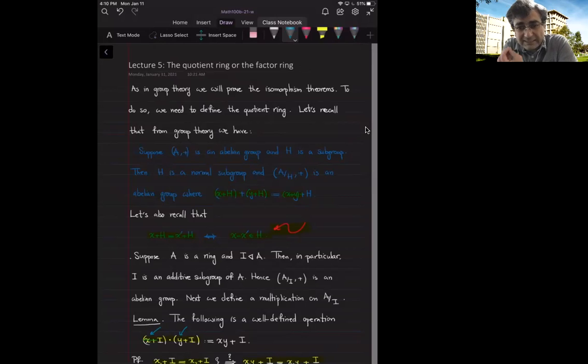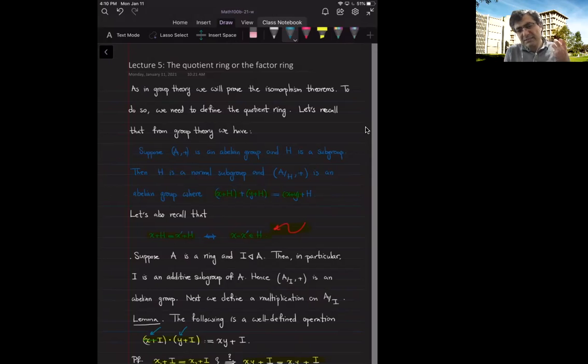What is the set? The underlying set of the quotient group is the set of all the cosets. What is the operation? When I add the coset represented by x to the coset represented by y, the coset that we end up getting is the coset represented by x plus y.